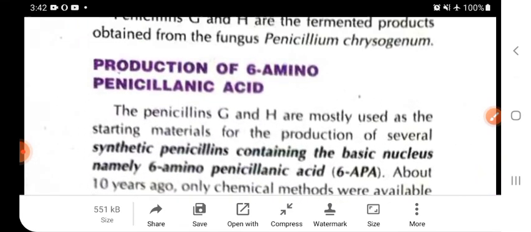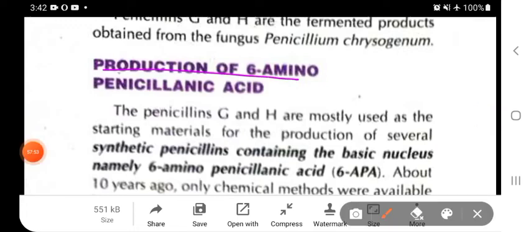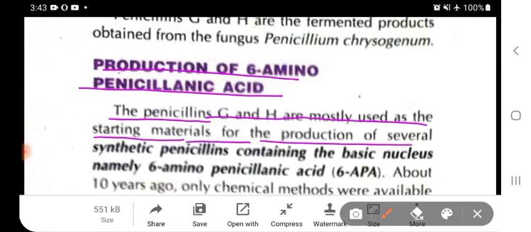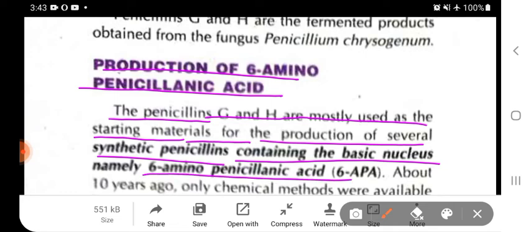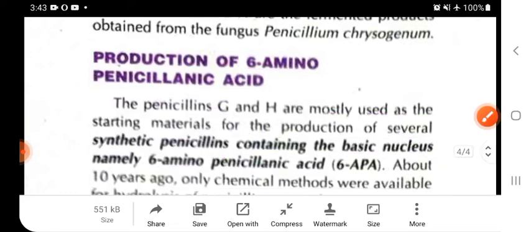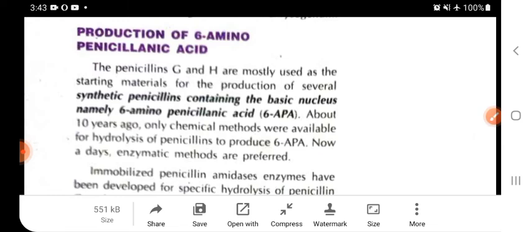Now, production of 6-aminopenicillanic acid. Penicillin G and V are mostly used as starting material for the production of several synthetic penicillins containing the basic nucleus. The nucleus, the main head here, is 6-aminopenicillanic acid.